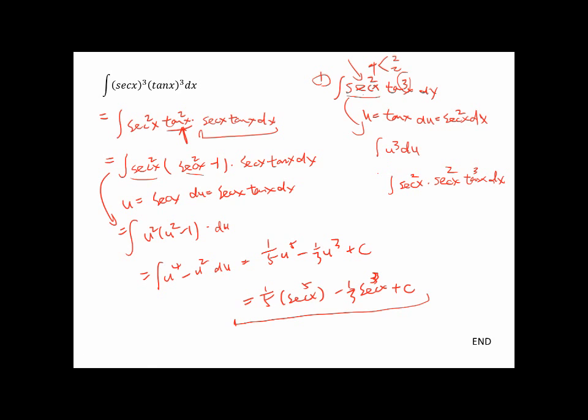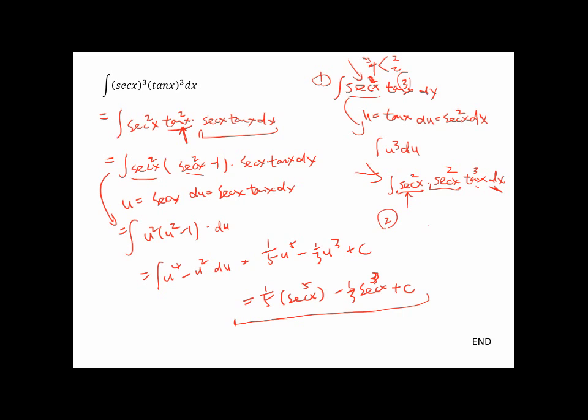So I raise the power on secant to 4, this part comes with the dx, and the rest of the secant you rewrite into tangent, so you can use substitution later.